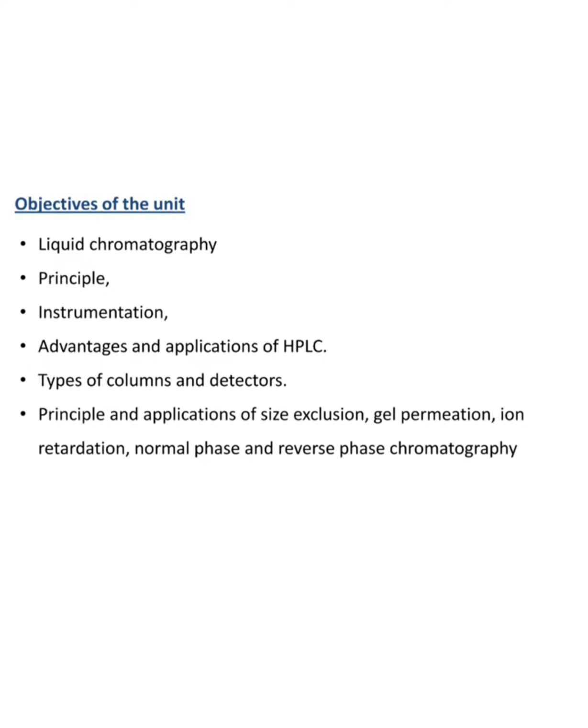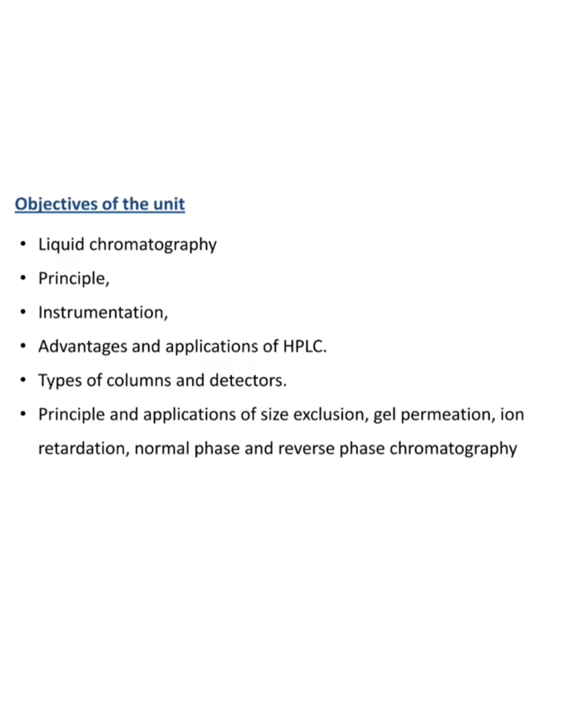HPLC is a type of liquid-liquid chromatography, meaning the mobile phase is liquid and the stationary phase is also in liquid form. The stationary phase is the sample we have taken, which is in liquid form. So that is known as liquid-liquid chromatography.